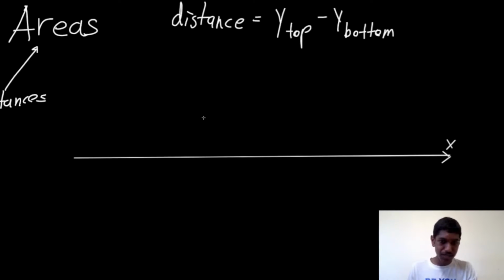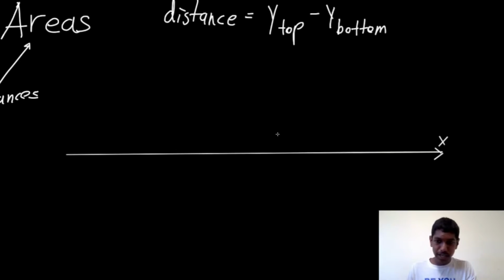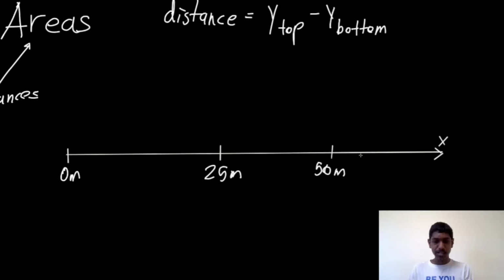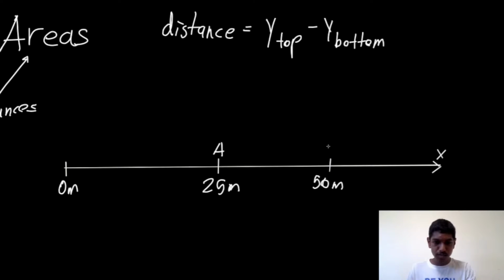horizontal distances. So, for example, say we have this x-axis, maybe it represents some kind of track. So we have 0 meters along the track, and then 25 meters and 50 meters along some kind of track segment. So if we run from point A to point B here, how far have we run? We've run 25 meters.